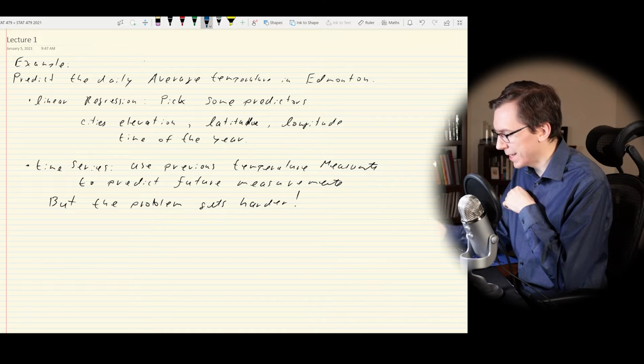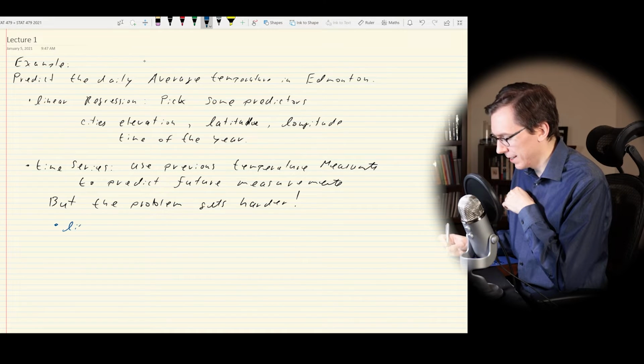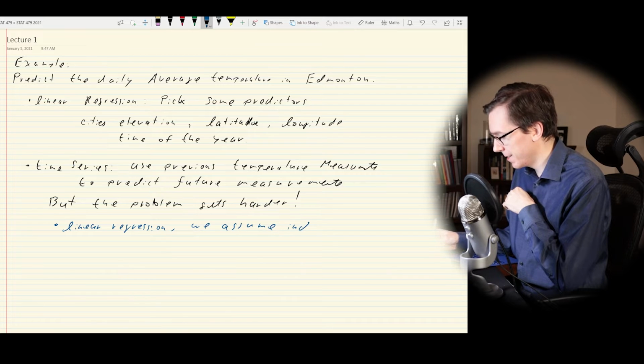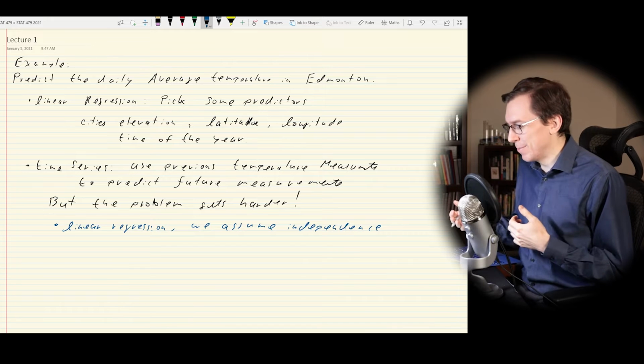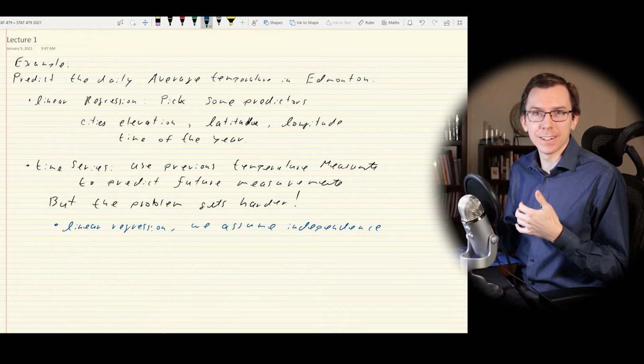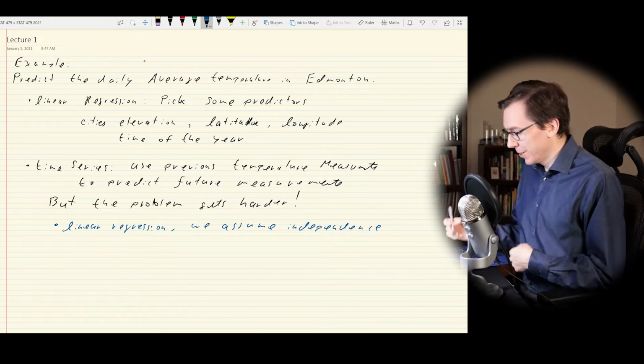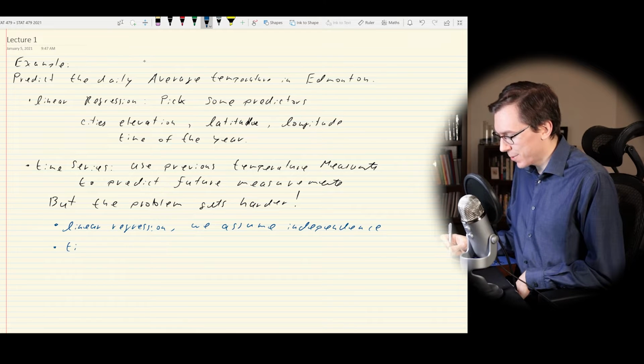And the reason is because in linear regression, we assume independence between our observations. And that's a strong assumption, but often a valid assumption, depending on the setting of our data. However, when we're in the time series context, we no longer have that.